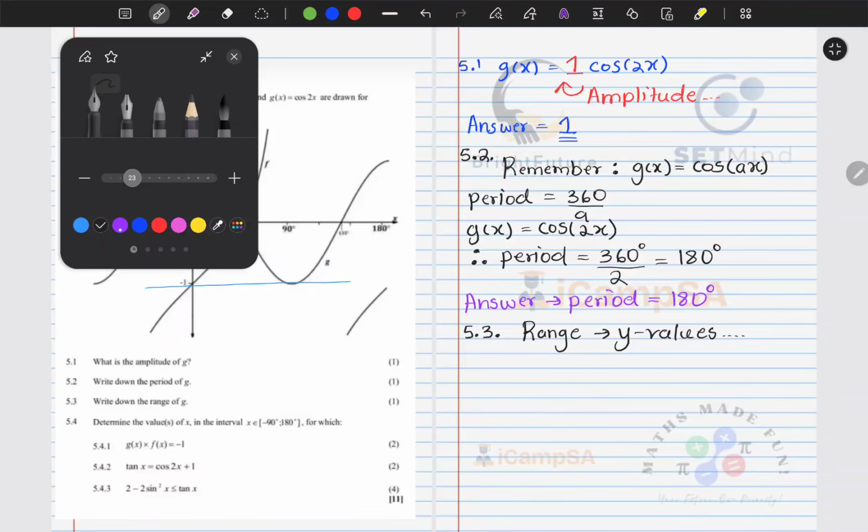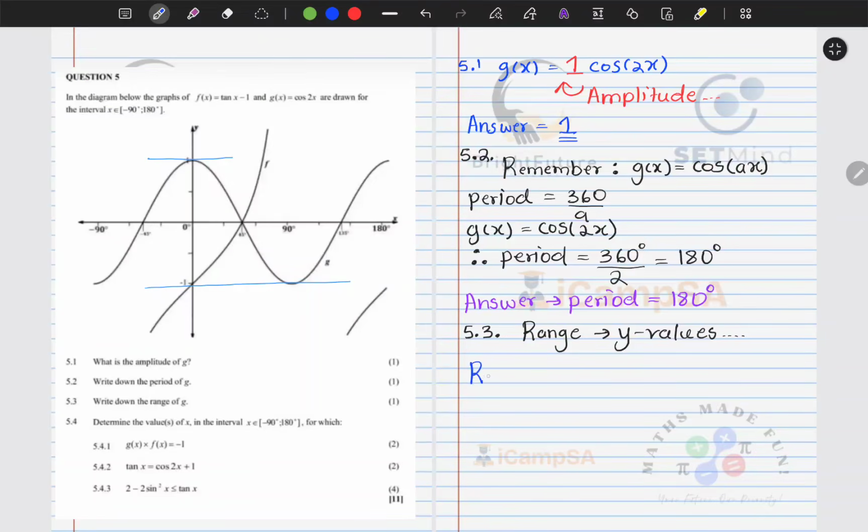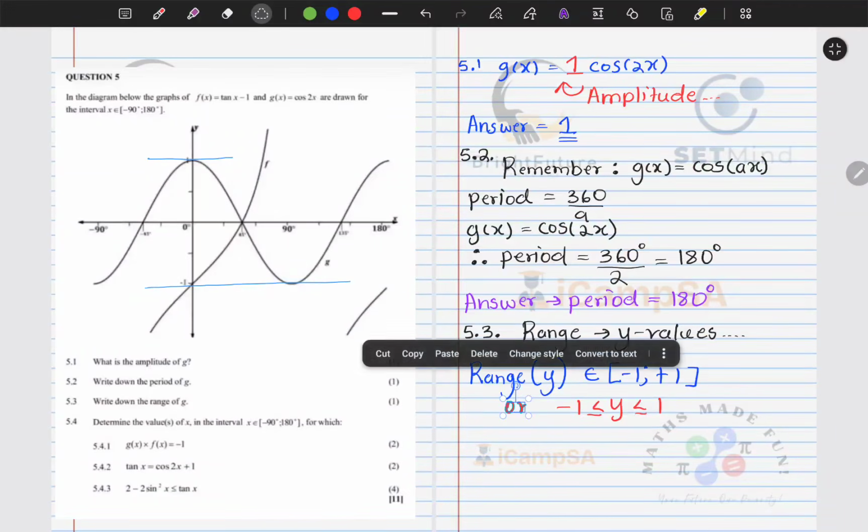So what we can do is we can therefore say that our range, which is just y, it is an element between -1 and +1. Okay, it's between -1 and +1. Someone else would have said, or they would have said y is between 1 and -1, like this. Okay, and this would still be very much correct.